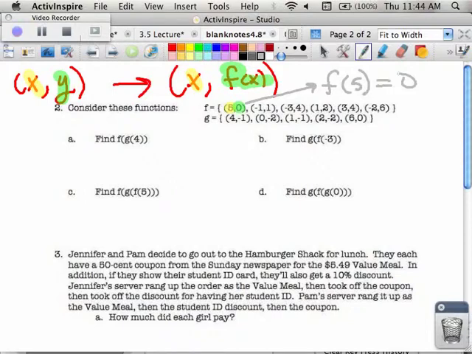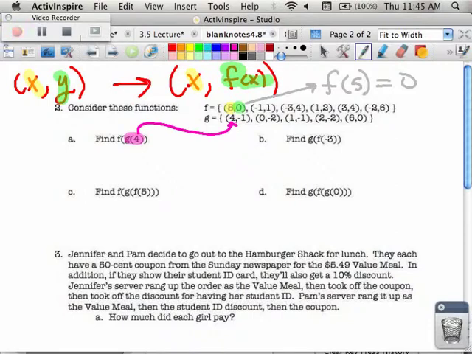And the crazy thing about these questions is it's like a puzzle or a maze. So I look at the first part, right here, G of 4, because I always start with the inside. So I look for G of 4. G of 4 means go on the G list and look for the X being 4. I go over here and I look in the G list and oh look, there's the 4.